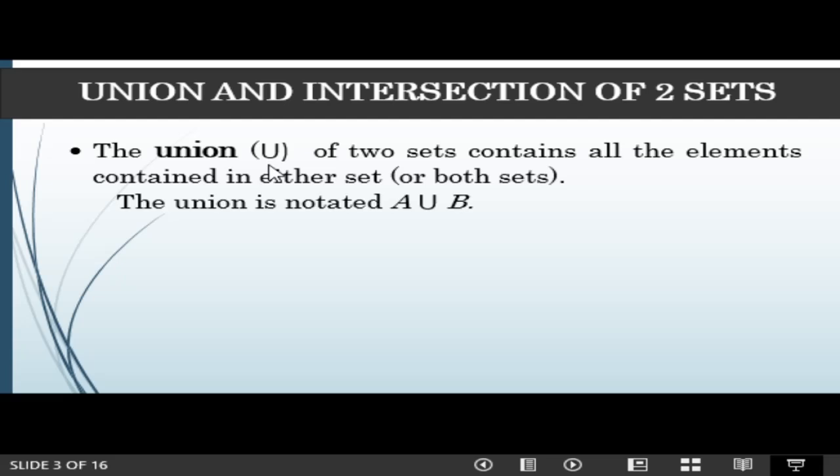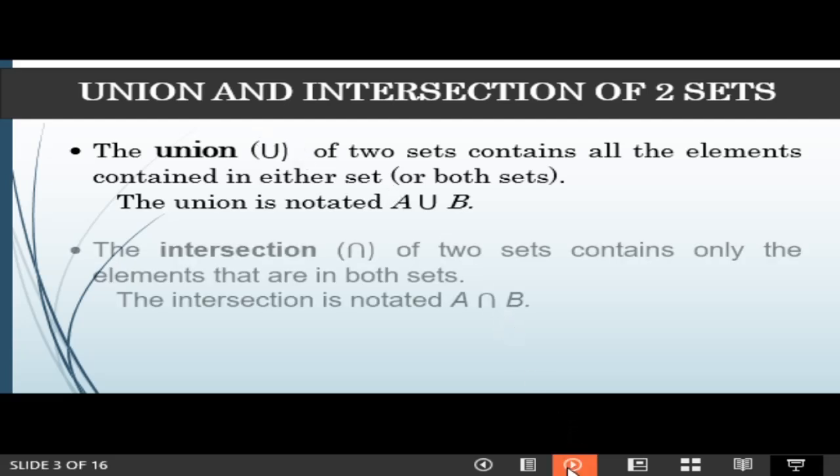It looks like a capital U. While the intersection of two sets contains only the elements that are in both sets, meaning the elements that are common and found in both sets. And it is notated as the intersection of A and B.